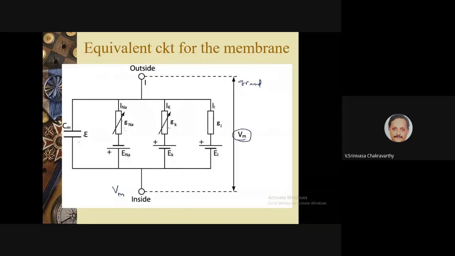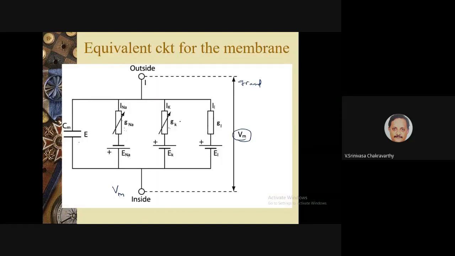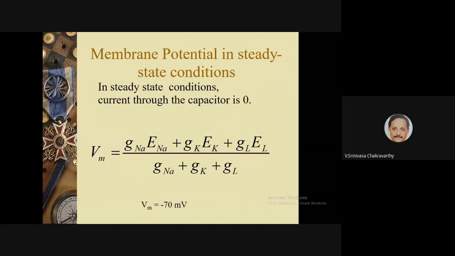So if current is 0, then I can ignore this branch. Then I am left with only these 3 branches consisting of batteries and conductances. And you can easily apply Kirchhoff's laws and calculate that under steady state conditions, Vm is given by this formula: GNA ENA plus GK EK plus GL EL, divided by GNA plus GK plus GL.